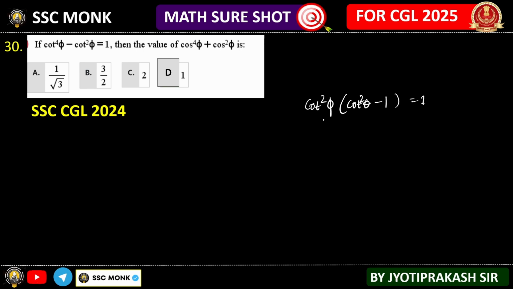So what I will do? I'll change it like this. See, this can be written as cos²θ by sin²θ, and in place of sin²θ I will directly write 1 minus cos²θ. Here same way I'll write cos²θ divided by 1 minus cos²θ, minus 1 is equal to 1.